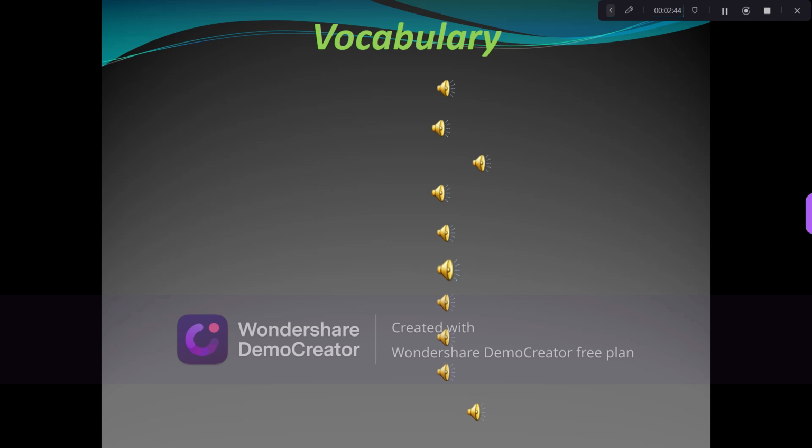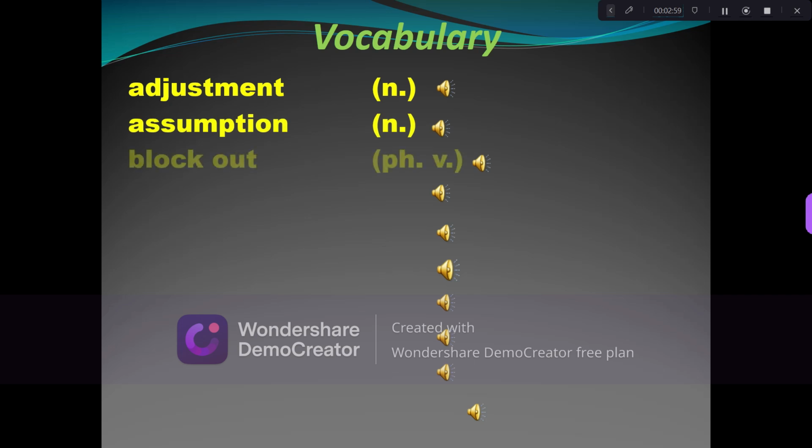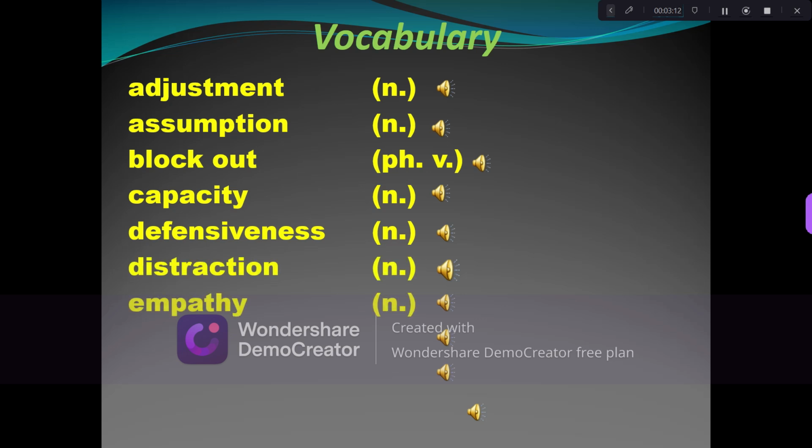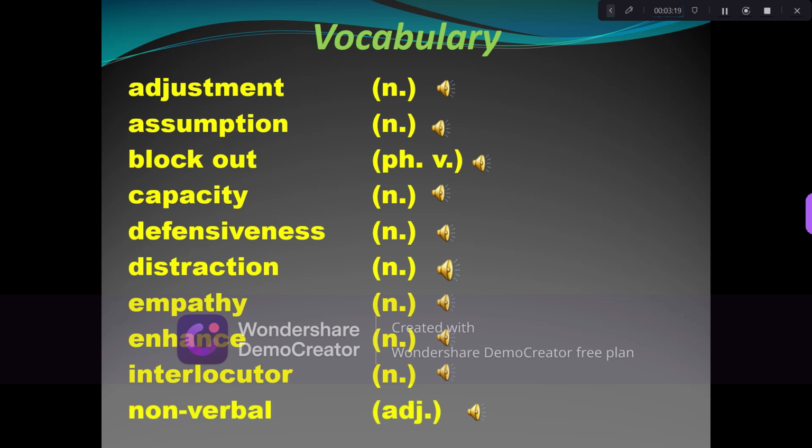The next step in our lesson today is to know the new vocabulary that you will have in this lesson. So the new vocabulary are adjustment, assumption, blockout, capacity, defensiveness, distraction, empathy, enhance, interlocutor, non-verbal.